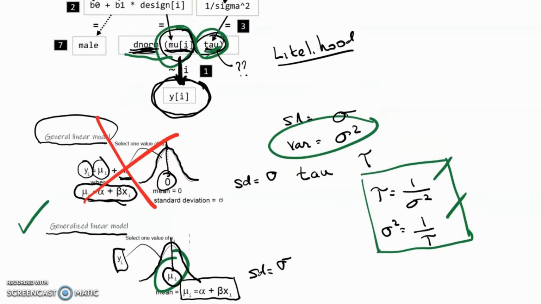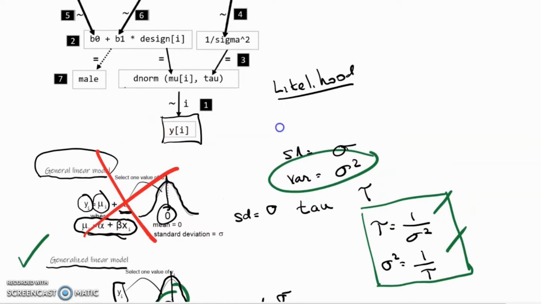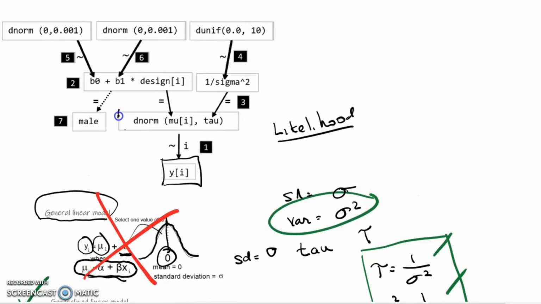So what we've shown here is that, just to reiterate, these values of y are going to come from a normal distribution parameterized like this. And so what is mu I?